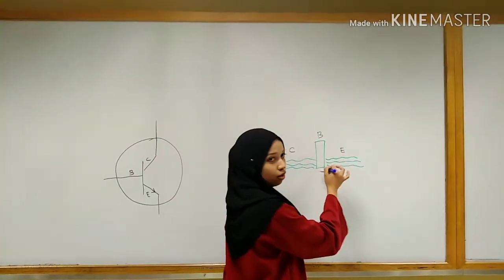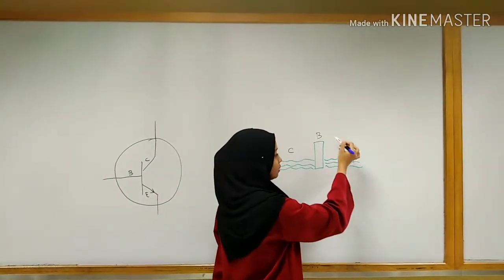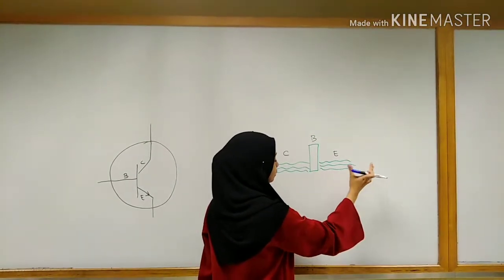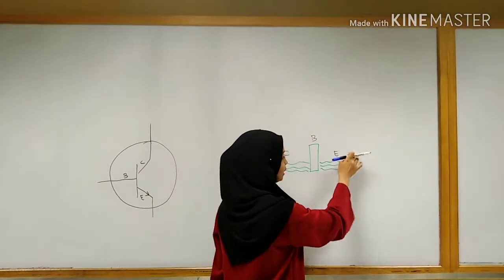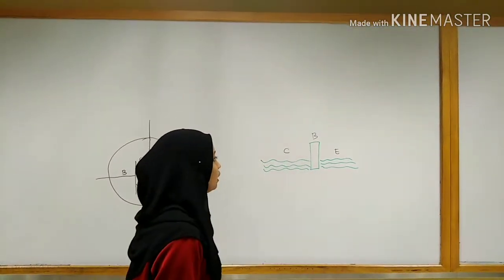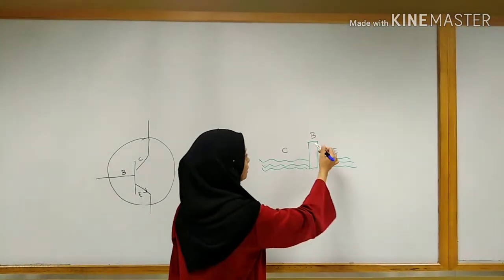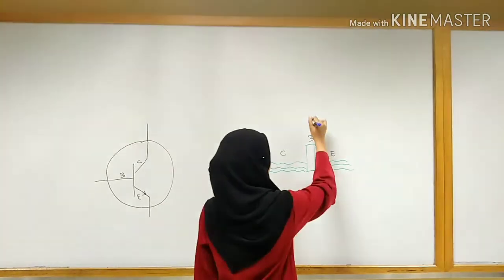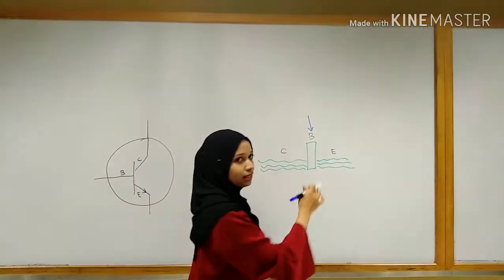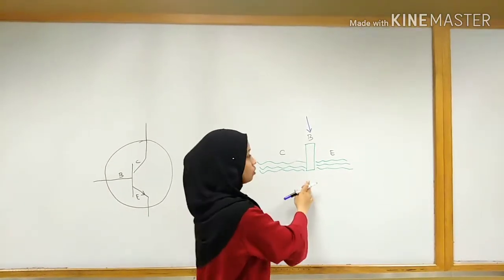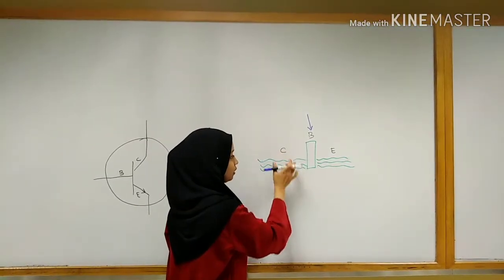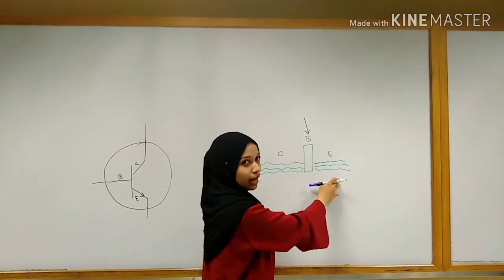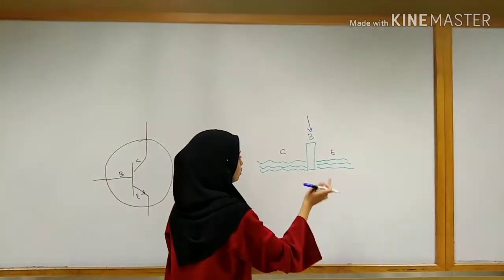This is a door, which is the base, this is the water collector, and this side is the water for the emitter. For example, if the base does not have any current, the door will be closed, so the water from the collector cannot go through to the emitter.